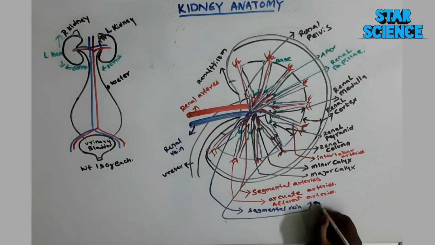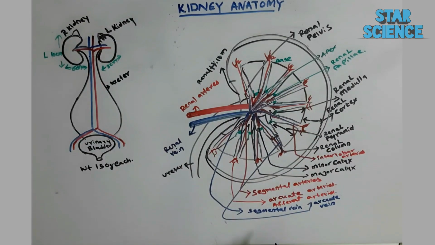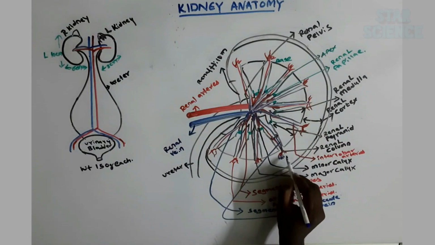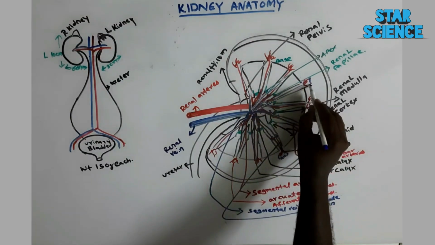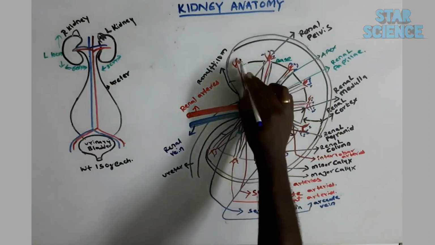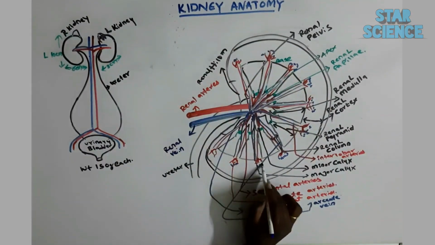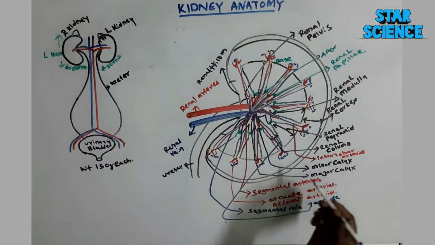You have to remember that in the artery we keep artery and in the vein we keep vein, but the names are the same. Now I'm showing you the connectivity, which is called the arcuate vein.